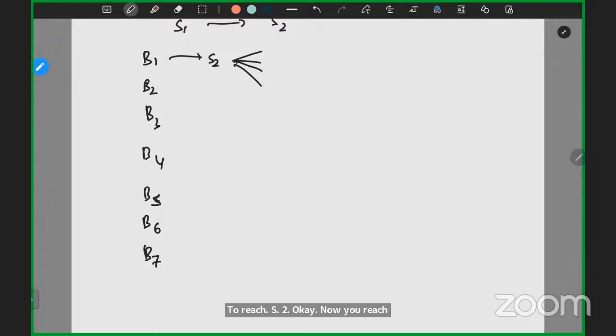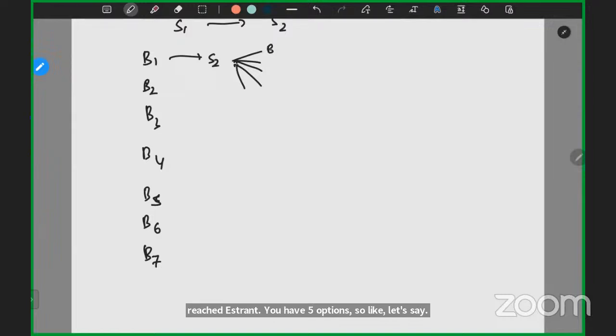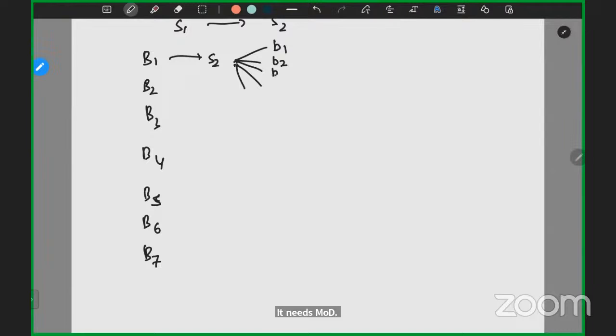Let me say small b: b1, b2, b3, b4, and b5. You reach S2 through bus 1 and now you want to go to S3, so you have 5 options.